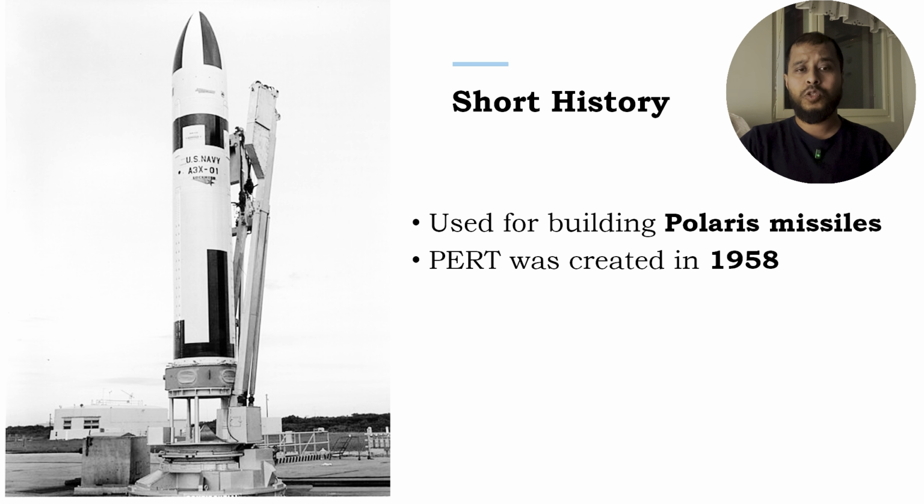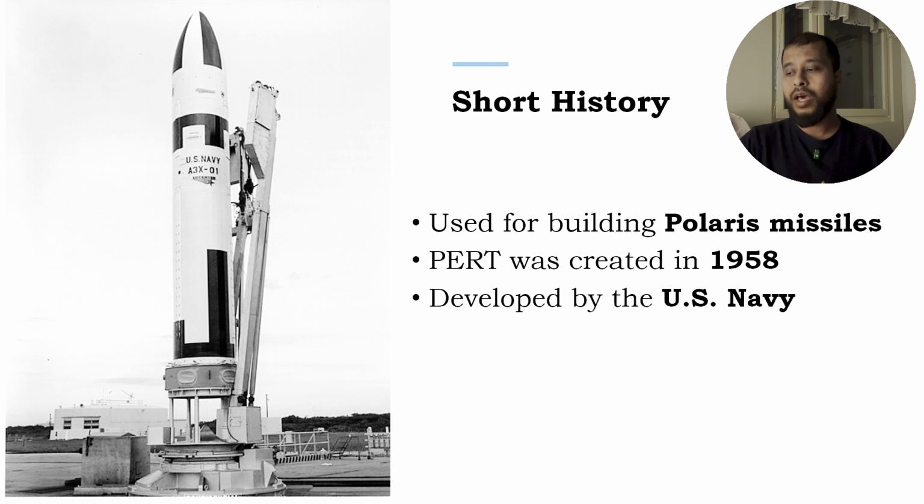It was created to manage the Polaris missile submarine program, a massive, time sensitive project with a lot of unknowns. The Navy needed a way to coordinate thousands of contractors and predict completion times accurately. Since then, PERT has been adapted for all sorts of industries, proving its timeless value.